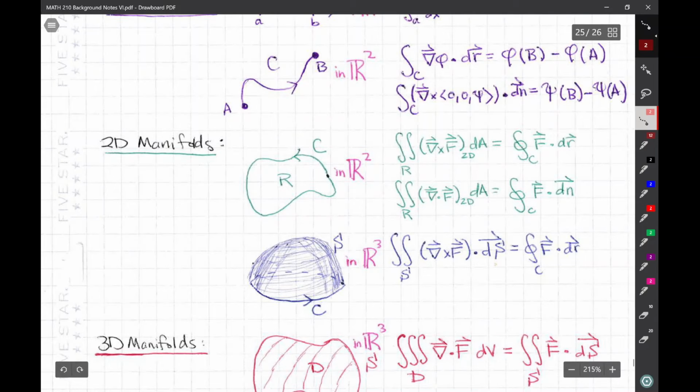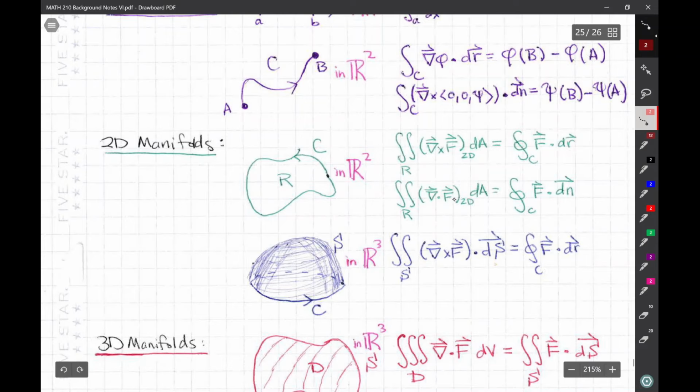Now what about 2D manifolds? With 2D manifolds, we got Green's theorem. Here we have a curve living in R2 that bounds a region R, and you could trade the 2D curl in the region R for a vector line integral at the boundary.